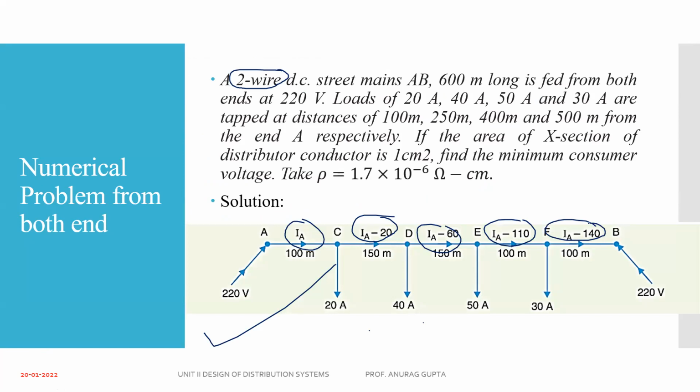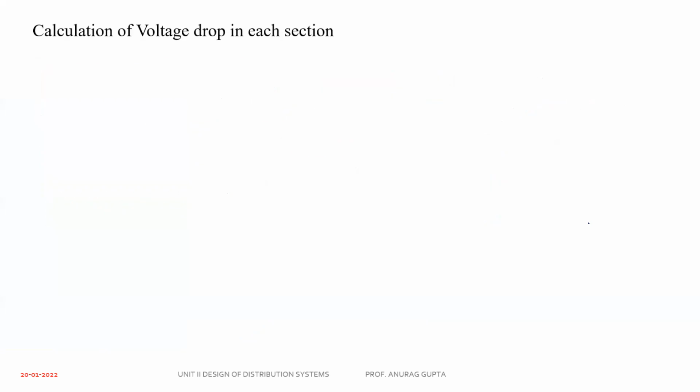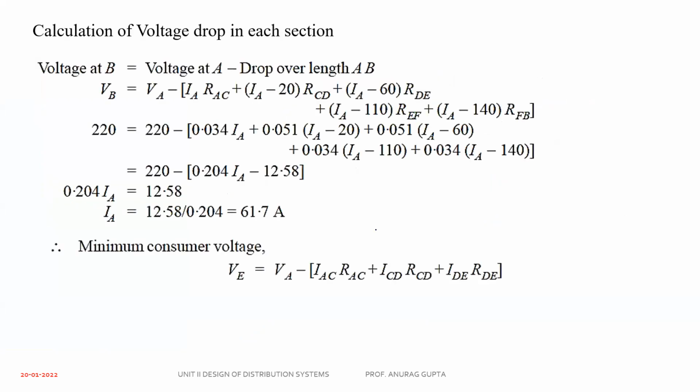Then we have made the equations of potential difference, VA minus VB equal to I into R, the total potential drop. That is, the potential difference of both points, VA minus VB, equal to the total voltage drop across all sections. When I found the equations and applied them, I found IA, the current at the starting point, from A to C. After finding IA, we can find all currents.